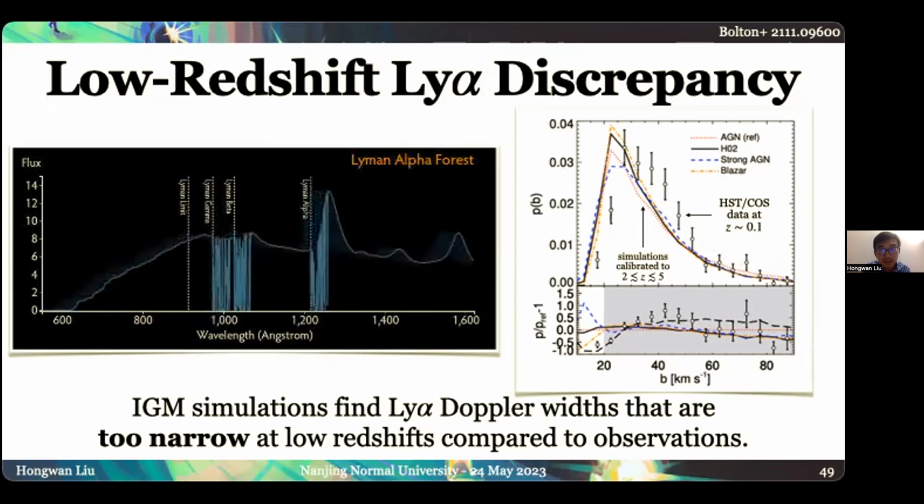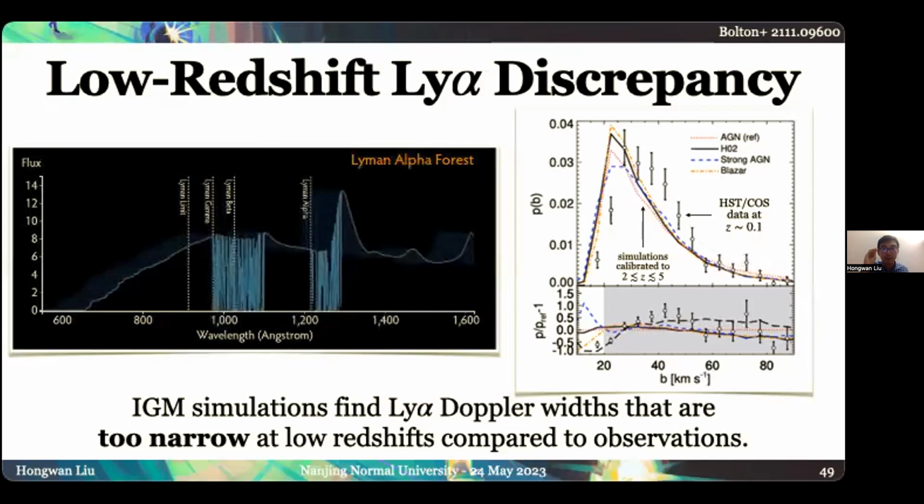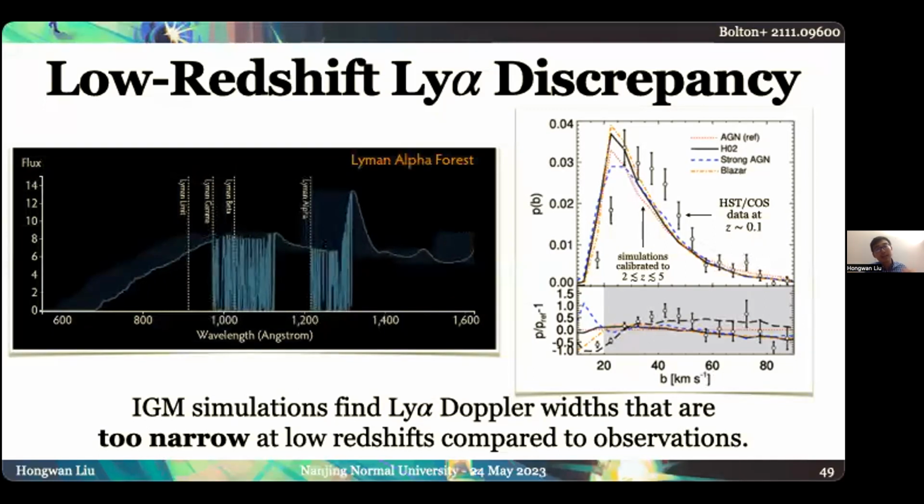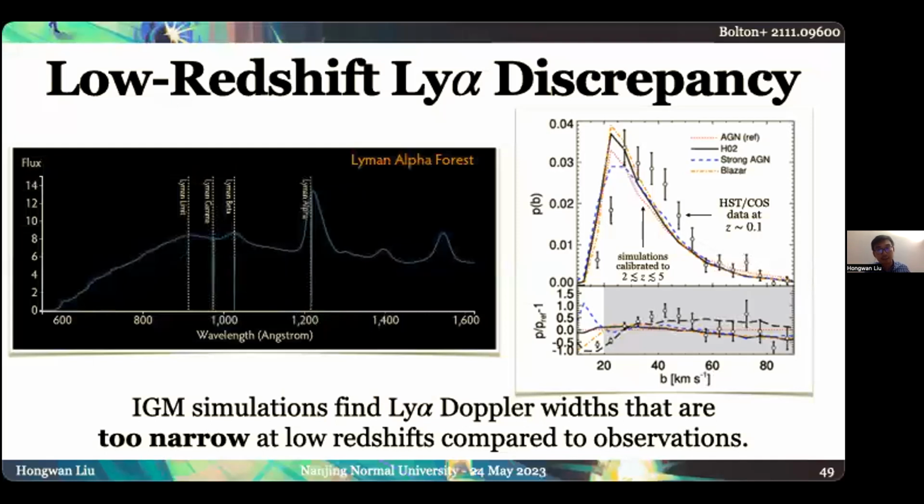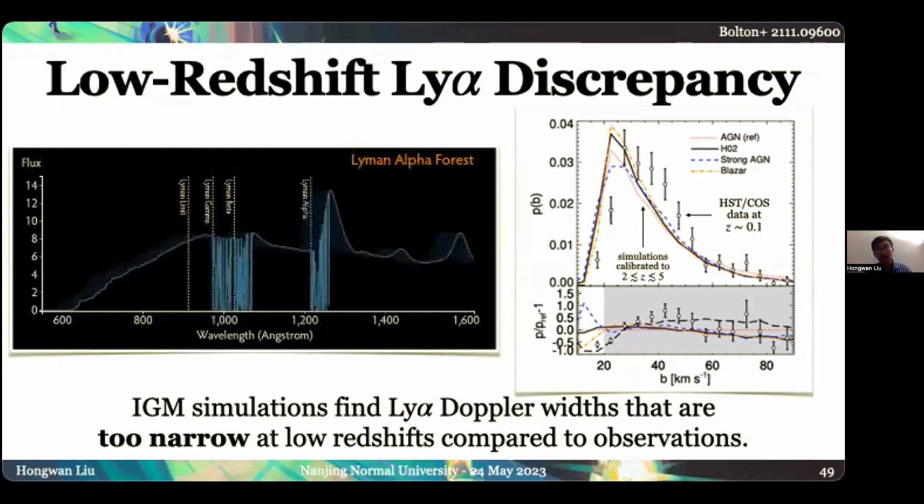As a result, when the spectrum arrives at our location, we see a bunch of troughs corresponding to neutral hydrogen gas absorbing UV photons at a particular point in the line of sight between us and the quasar. Based on the statistics of these lines, for example how many lines you see, or how broad these lines are, we can say some things about the state of the intergalactic medium at a redshift of between, for example, 0 to 5.